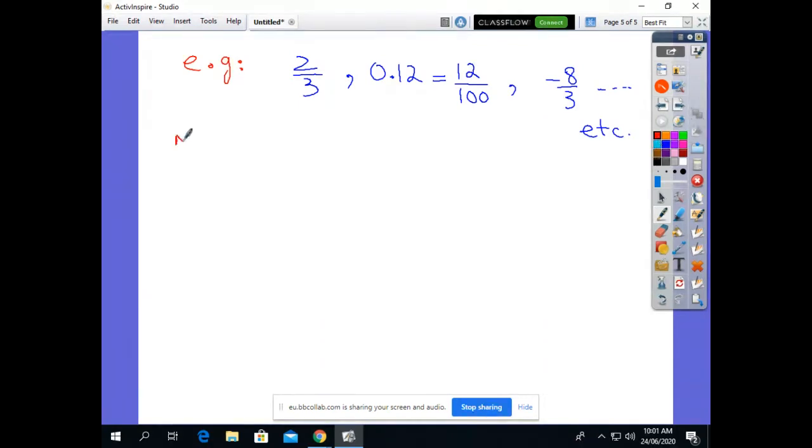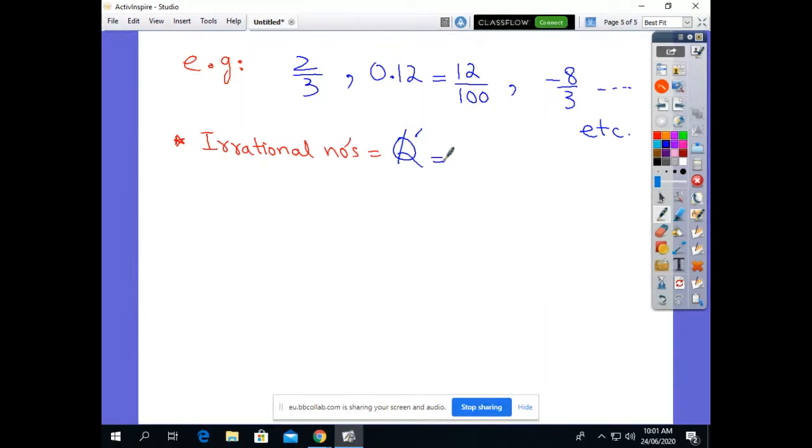Now, the next definition is irrational numbers. What are irrational numbers? We denote the irrational numbers by Q with a bar on it.